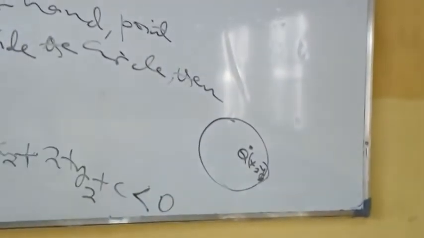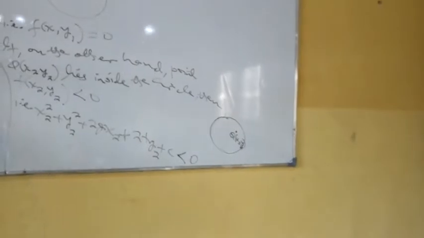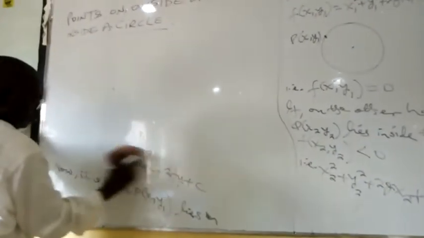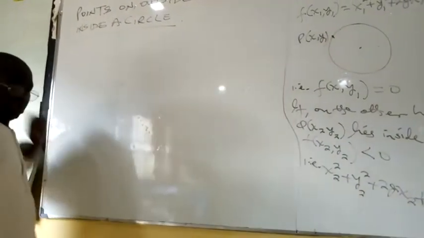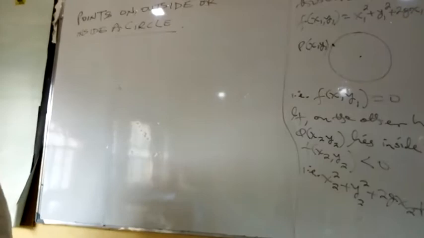Now the third condition is for a given point to lie outside the circle.